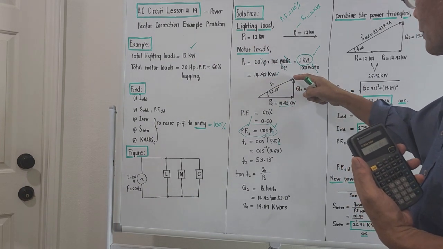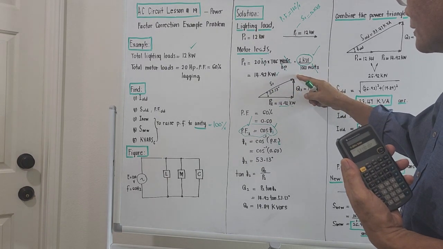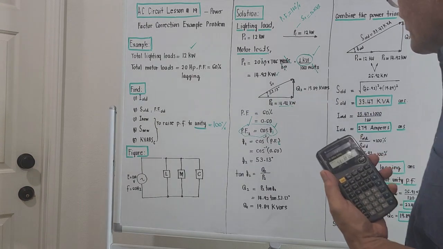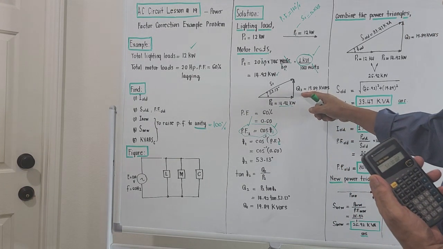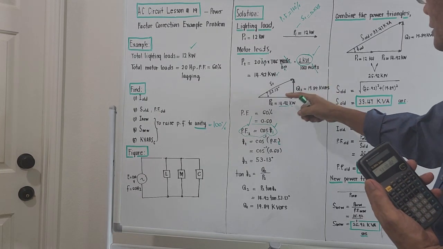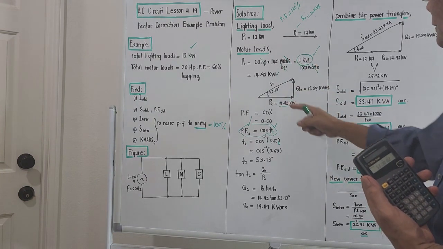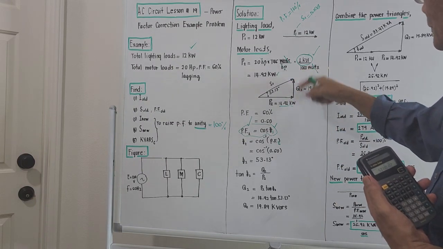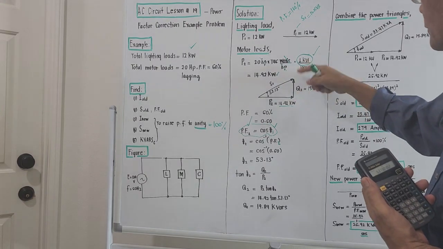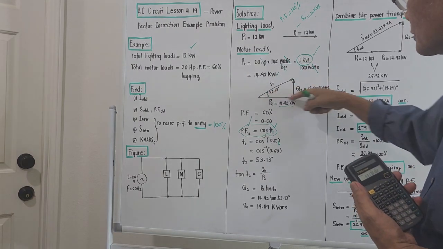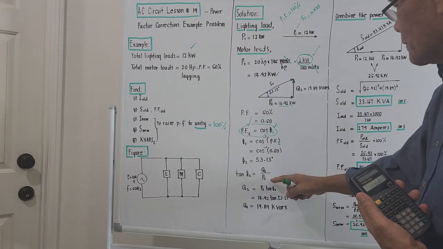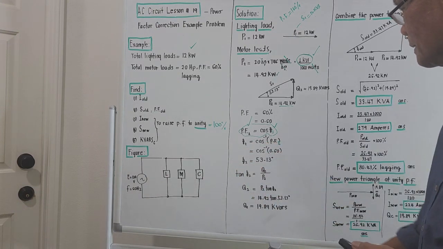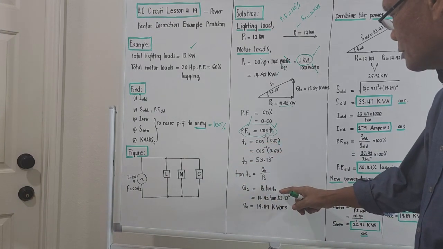So if we need to compute for Q2 and S2, we could compute now because we are given P2 and we are given this angle, right? So to compute for Q2, the relation of Q2 with respect to P2 will be tangent, right? So tangent of 53.13 degrees is the reactive kilovars of all the motor loads over the true power consumption of all the motor loads, that is Q2 over P2. Solving for Q2, we cross multiply: P2 times tangent of theta 2.